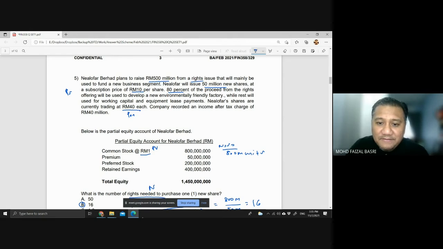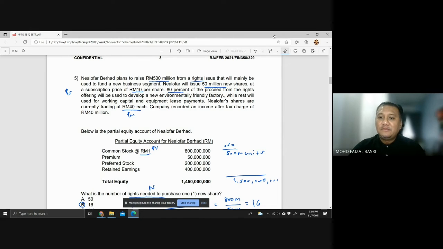We know that preferred stock and retained earnings in this question remain the same. They don't change. So we know the total will have an addition of 50 million here. So it will become how much? 1.5 billion now. Okay, this would be our new total equity.